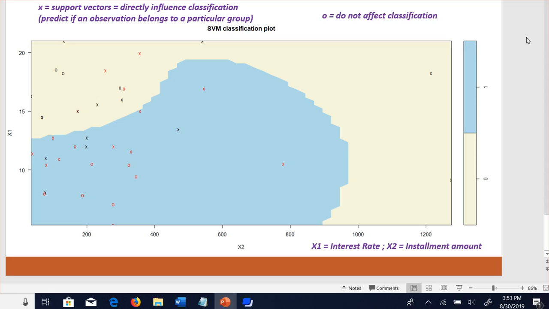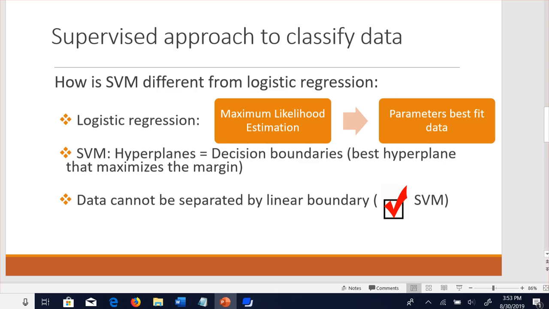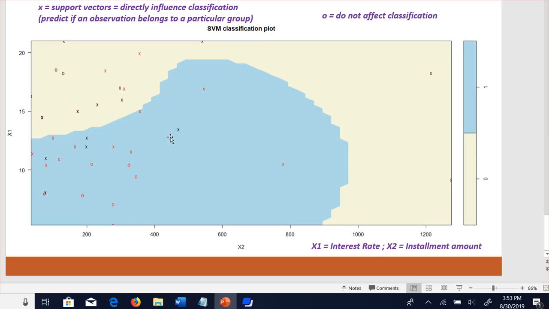So this is very different from logistic regression, which uses maximum likelihood estimation to look for parameters that best fit the data we observe. The support vectors, demarcated by X, whether red or black, have more influence and carry more weight when we attempt to predict if an observation belongs to a particular group.